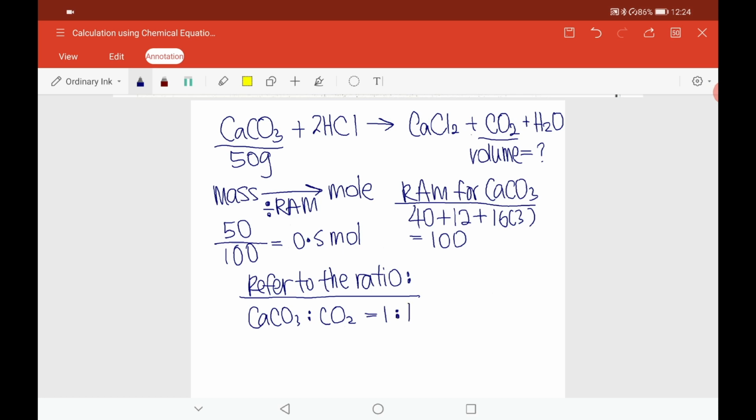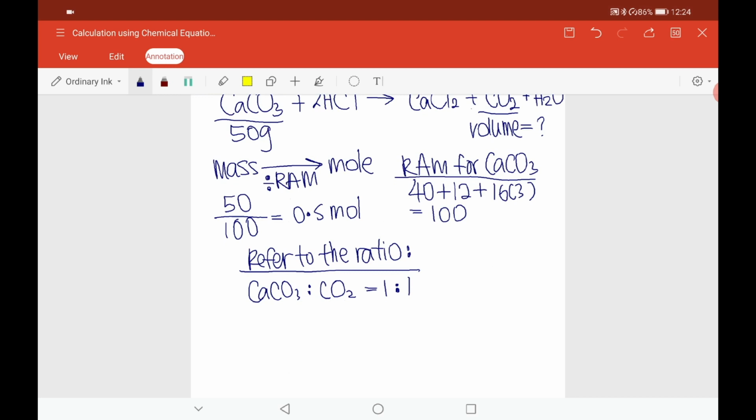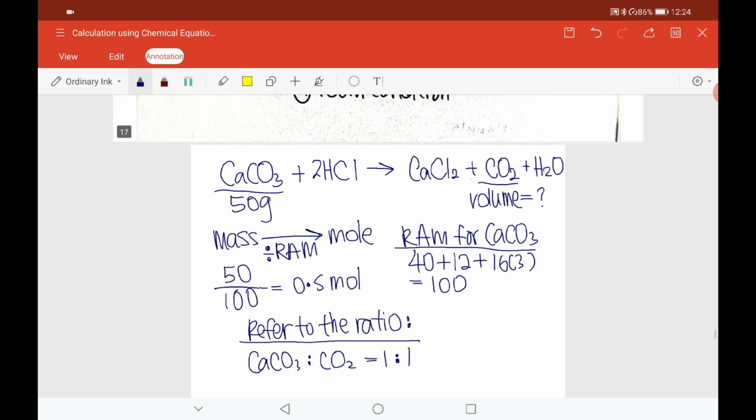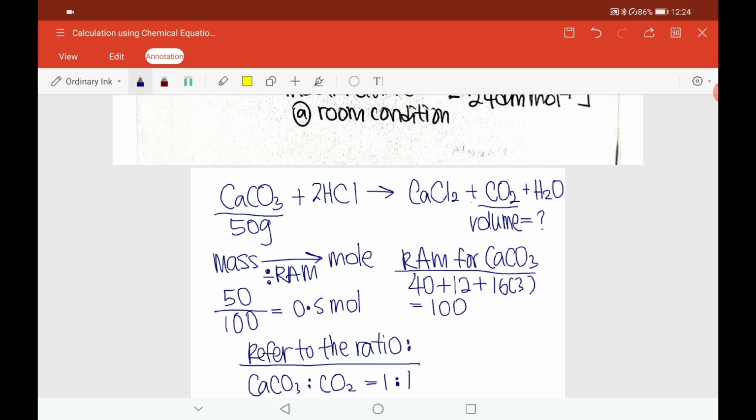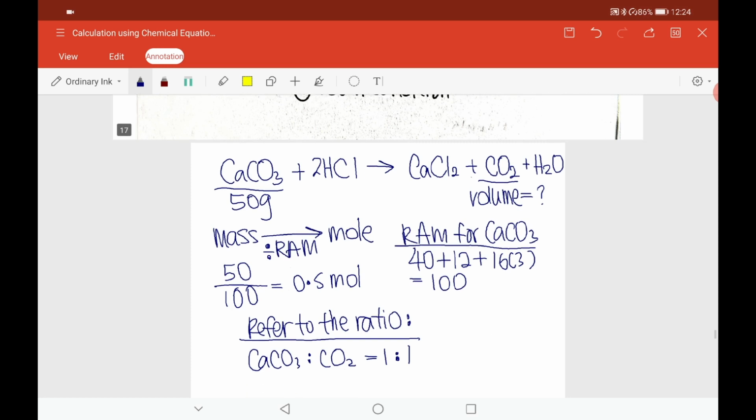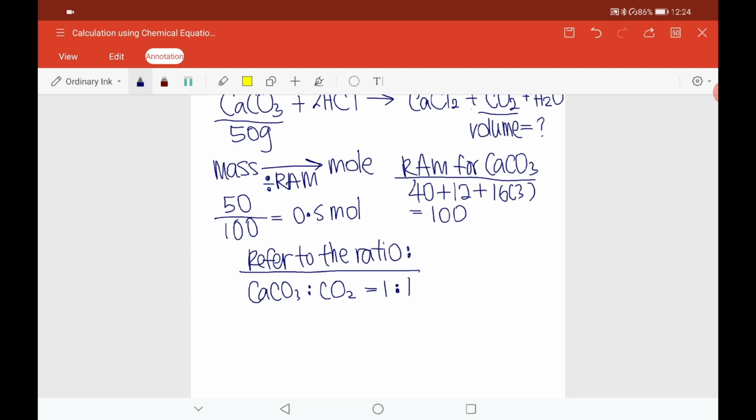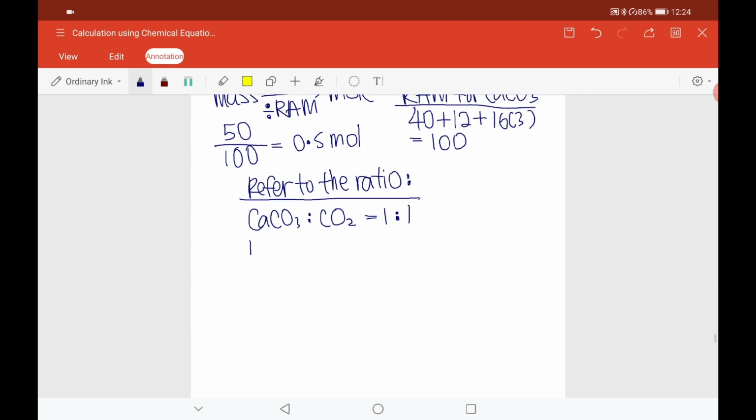Since 1 to 1 means the same, we can expect the mole to be the same as well. So when the mole of CaCO3 is 0.5 mole, the mole of CO2 is also 0.5 mole, because the ratio is exactly the same. Now we have found the mole for the CO2.